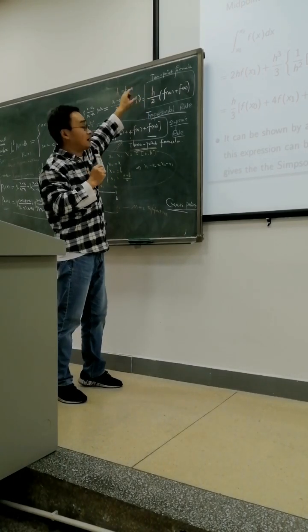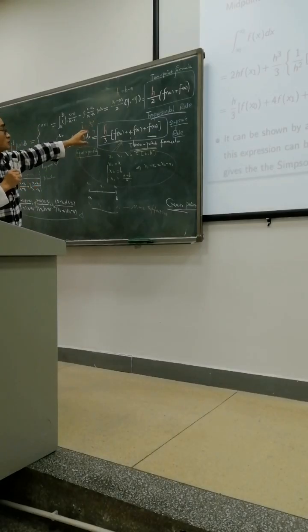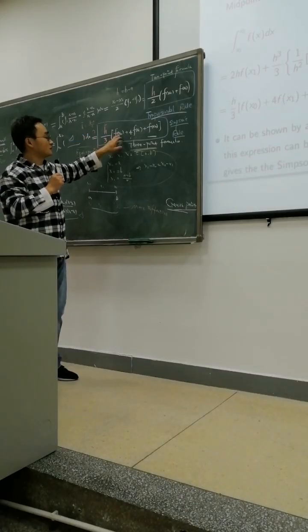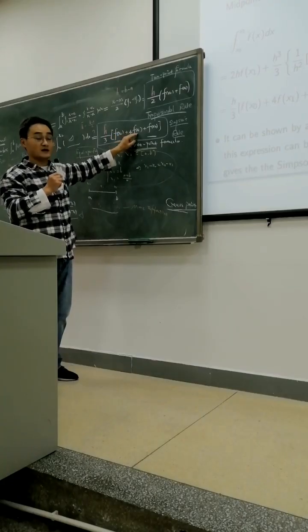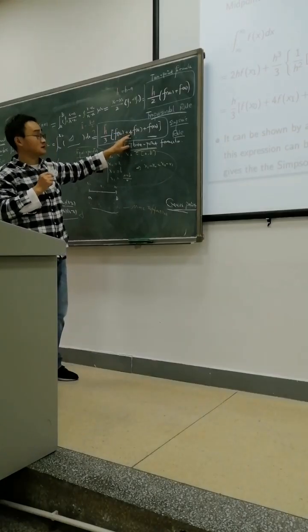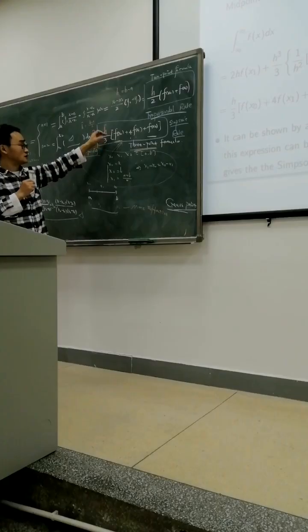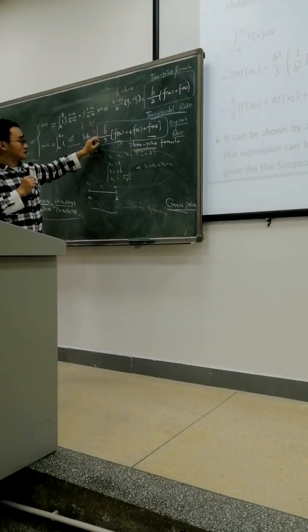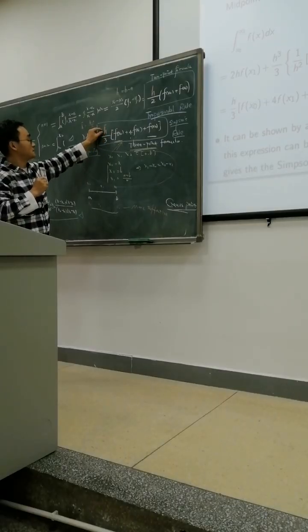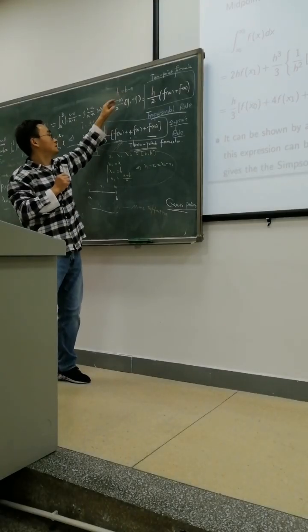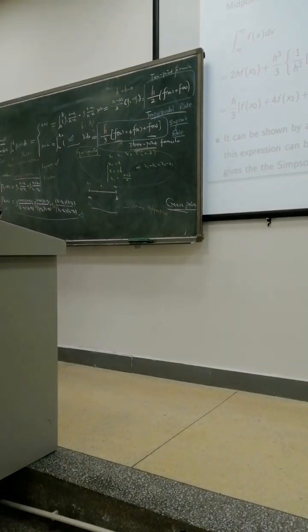For Simpson's rule, we take the first and the last function values plus the middle function value with 4 times, then multiply with this coefficient. Notice that here the space is not this one, it's half of this one. This is for the shortness of the interval.